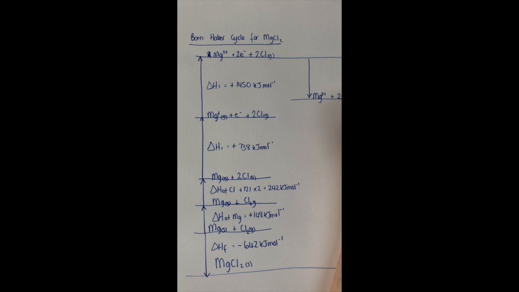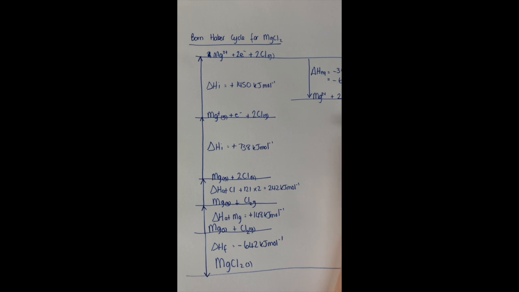Now again, we have to be careful here because the electron affinity for chlorine to gain an electron to form a chloride ion is -349, but of course we need 2 of them, so we must multiply that by 2, and that comes out as -698 kilojoules per mole. So we must remember that there, that you've got those 2 chlorine atoms forming 2 chloride ions.